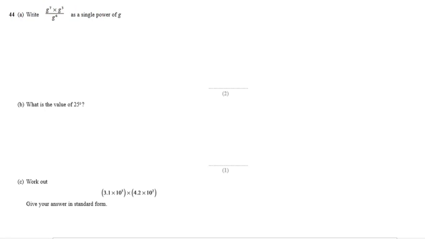This question is also like the previous question. I can see so many questions are somehow repeated here. G to the power 7 multiply G to the power 3 divided by G to the power 6. I told you when we multiply the same base, we add.